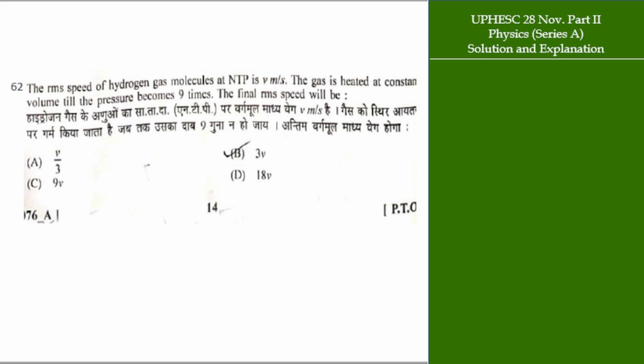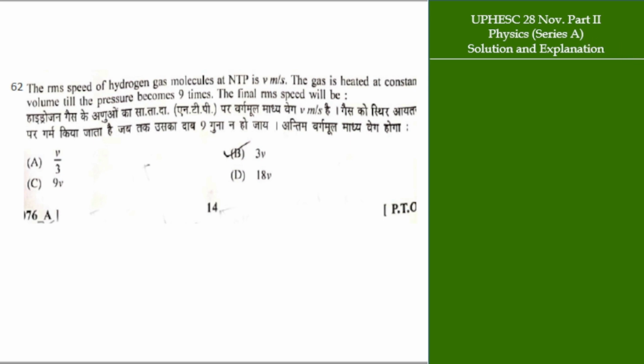In question number 62, the RMS speed of hydrogen molecules at NTP is V meter per second. The gas is heated at constant volume till the pressure becomes 9 times. The final RMS speed will be? So the new RMS speed for the higher temperature and higher pressure was asked.